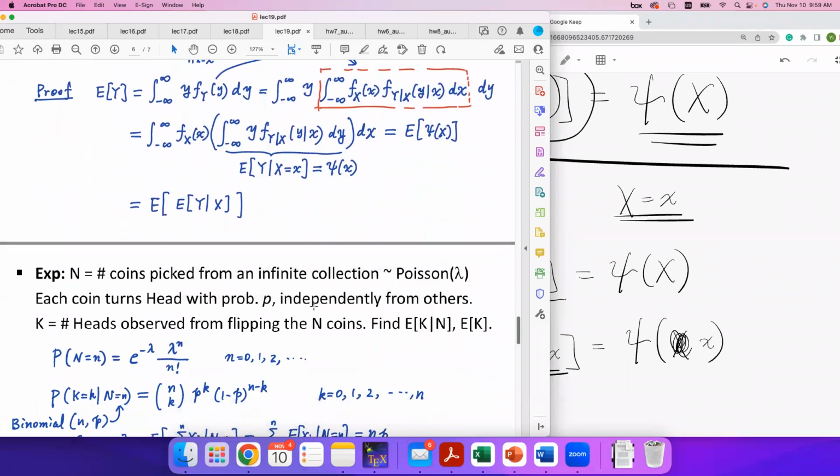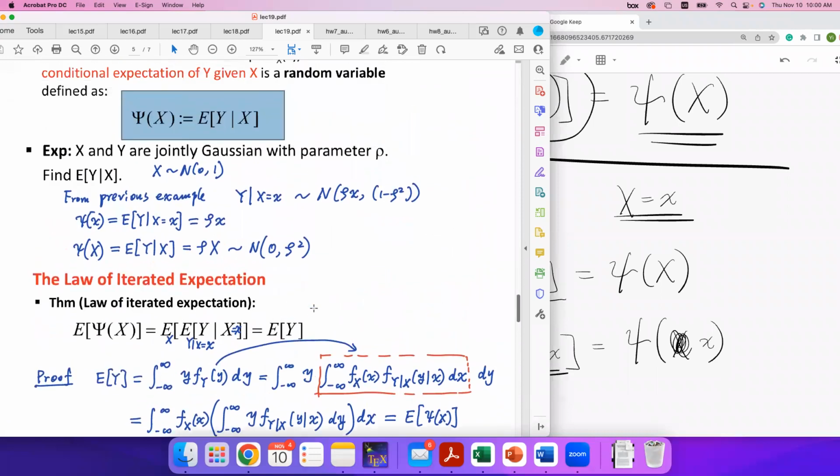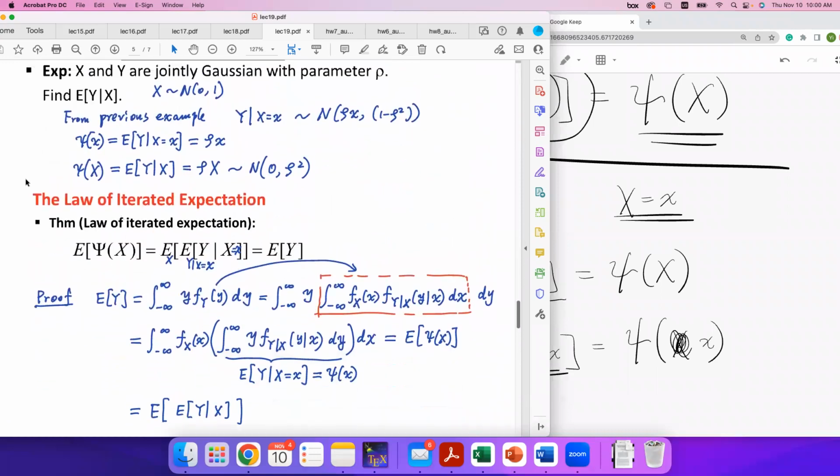And following that, we have a very interesting result called the law of iterated expectation. Let's look at this one.